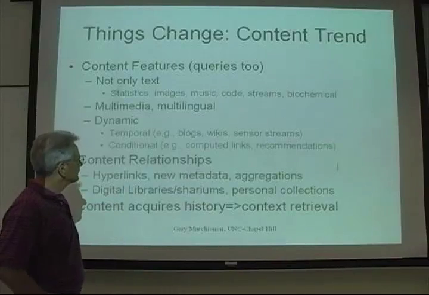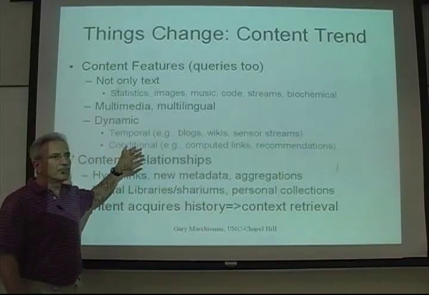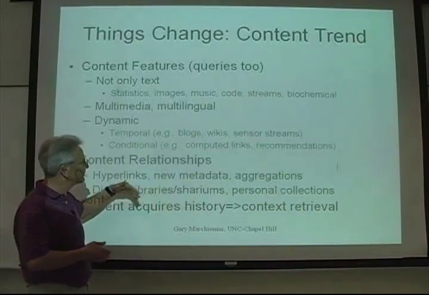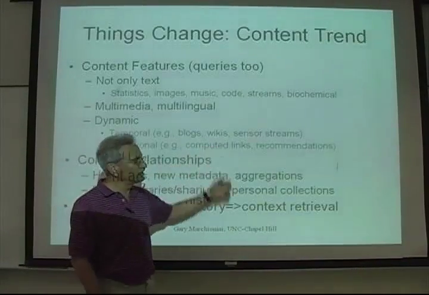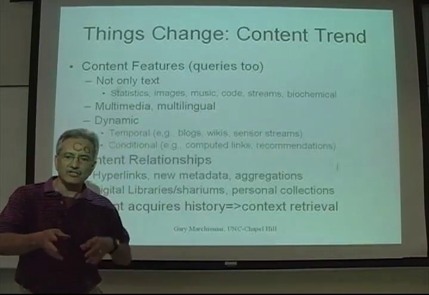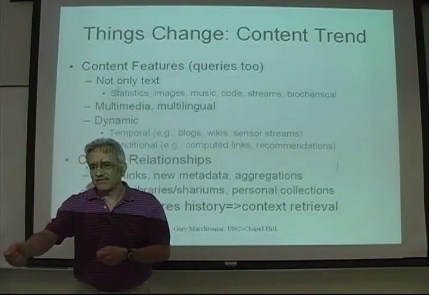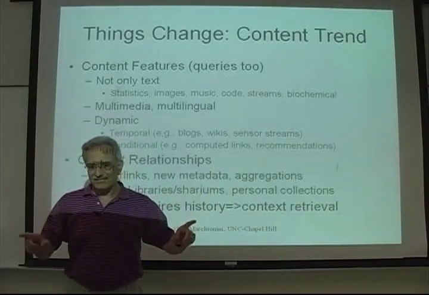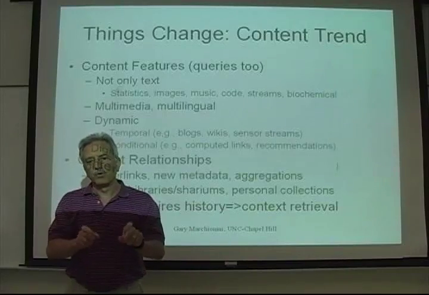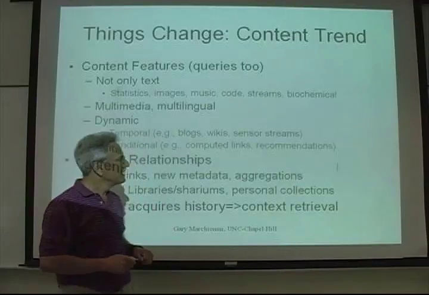The other kind of dynamic is that in addition to things changing, there are behaviors in the content. There are conditionals, computed links, or recommendations that are being made based upon a certain set of events that have happened. Somebody bought this, somebody else bought that at this particular time. Therefore, the next recommendation is different than the one you would have had yesterday.